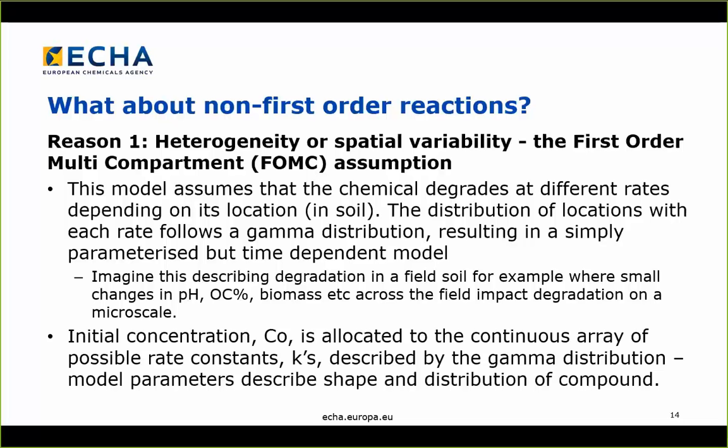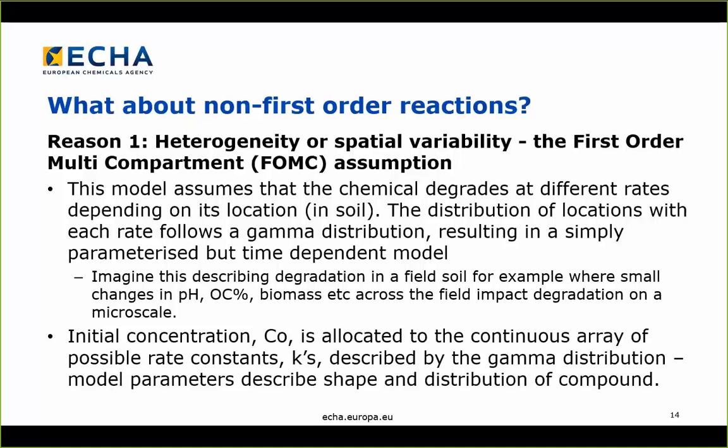In terms of the physical basis, you can imagine that particular model describing degradation across a single field. So for example, where small changes in pH, organic carbon, biomass, etc., across that field will impact the degradation of your chemical on a micro scale. Your chemical won't degrade at exactly the same rate across the whole field because the environment is spatially variable.